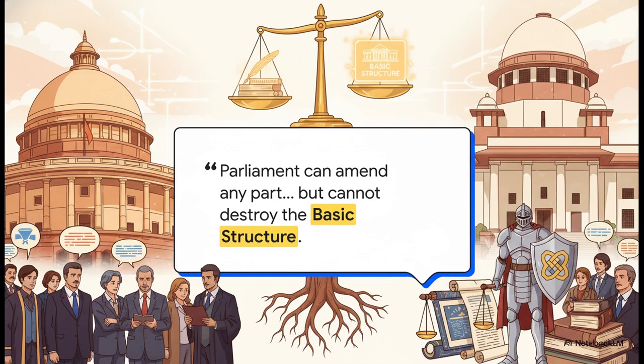The Supreme Court ruled that, yes, Parliament can amend any part of the Constitution, and that includes those fundamental rights. However, they drew a hard line. Parliament cannot alter or destroy the basic structure of the document. This singular ruling fundamentally changed the power dynamics of the nation forever. It effectively saved the democratic foundation of the country from any future government that might try to erase it. It was a total game changer.